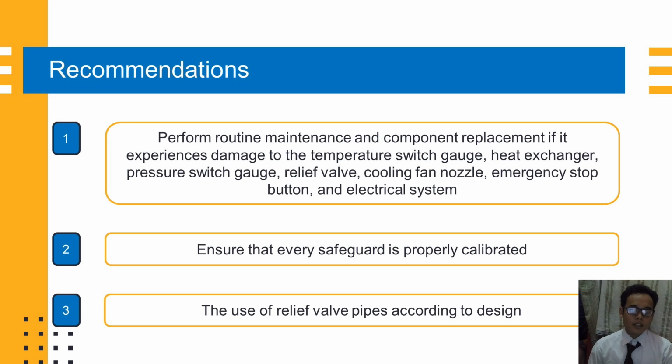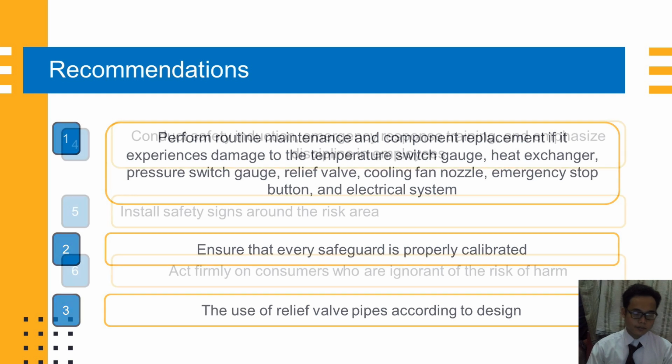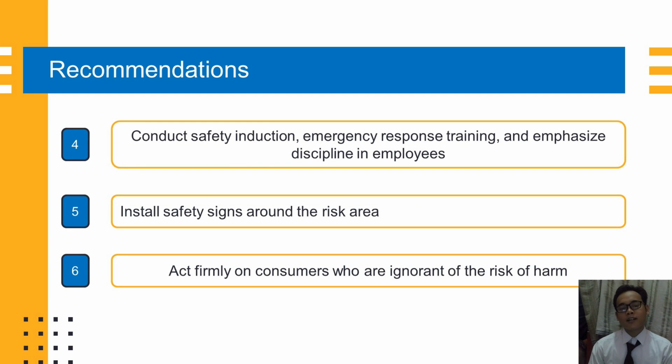Number 3, use relief valve pipe according to design. Number 4, conduct safety induction, emergency response training, and emphasize discipline in employees. Number 5, install safety signs around the risk area. Number 6, act firmly on consumers who are ignorant of the risk of harm.